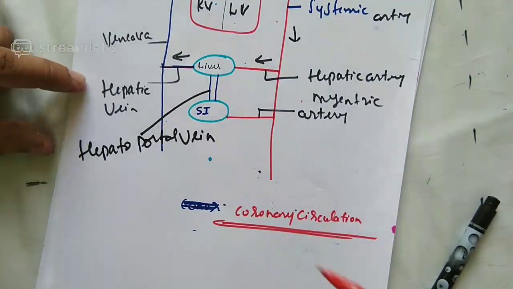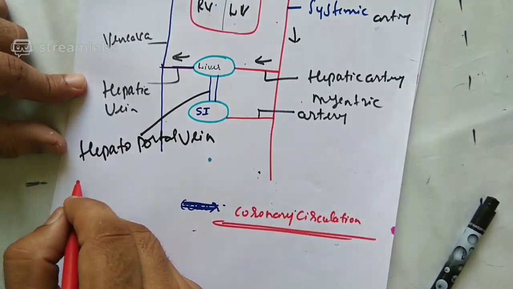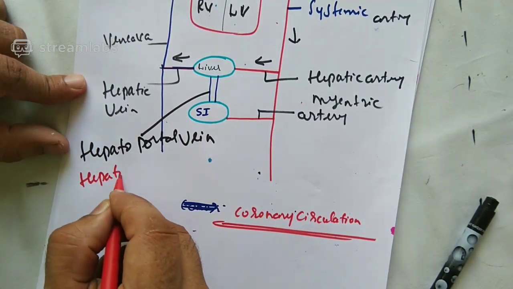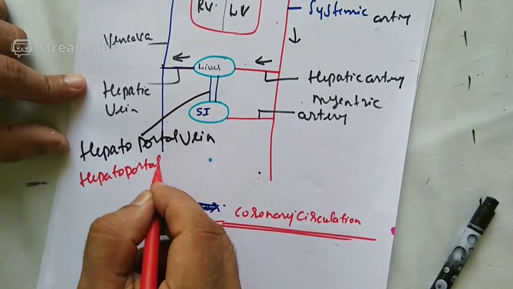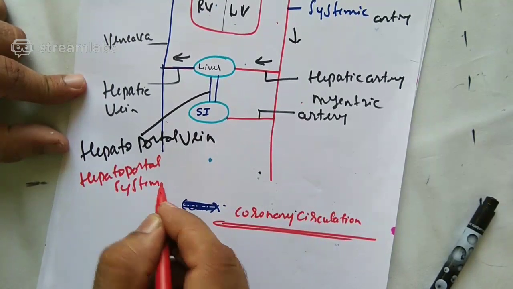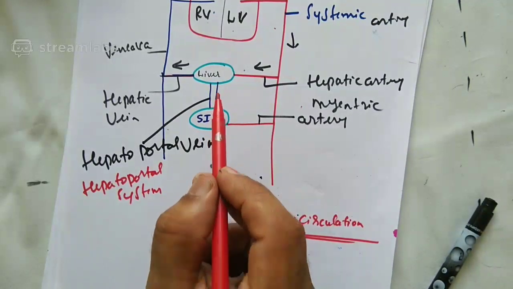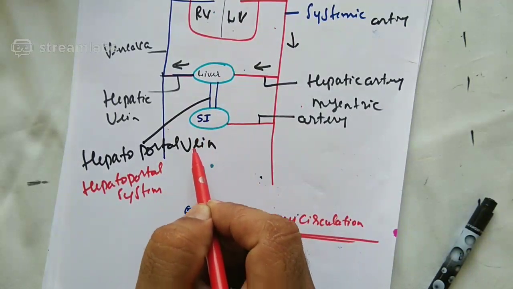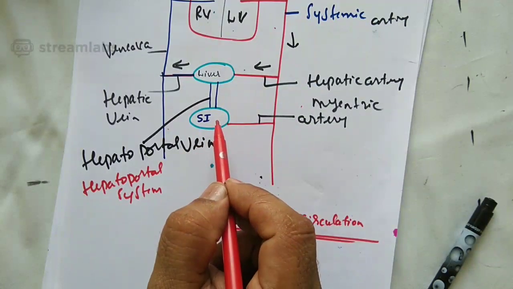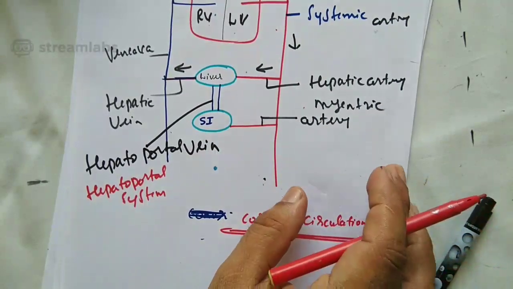Since it is connecting small intestine and liver, we call it the hepatoportal system. I'll repeat once again. Is it a hepatoportal artery or hepatoportal vein? It's a hepatoportal vein connecting small intestine to liver. Hope the matter is clear for you.